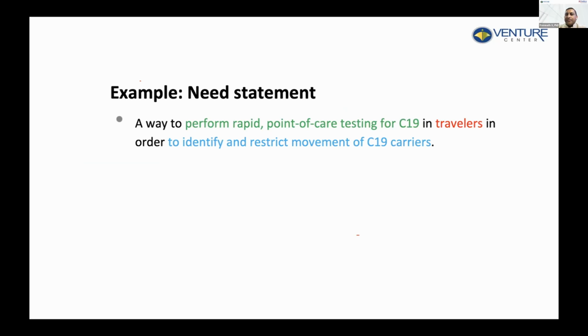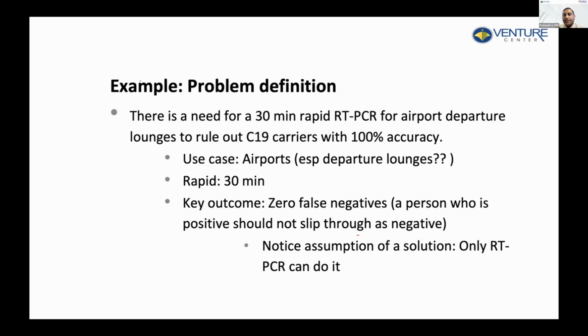But people will say immediately, oh, there are these solutions available. There is RT-PCR available, there is rapid test available, and so on and so forth. So you need to sharpen it to come to a point where the need is more convincing, and where it's a very clear need statement. So for example, now let me sharpen that. This I'm calling problem definition instead of need identification.